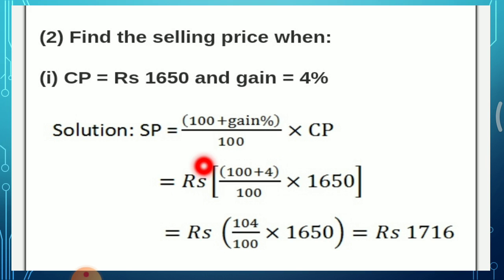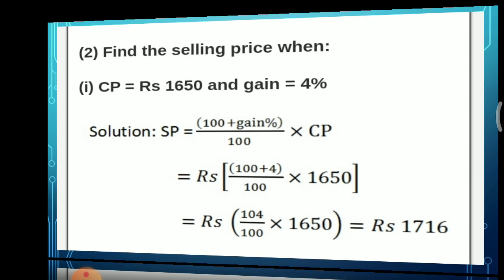So 100 plus gain percent 4, that is 104 by 100 multiplied by 1650. After that when you calculate it, your answer will be 1716 rupees, meaning selling price is equal to 1716 rupees.